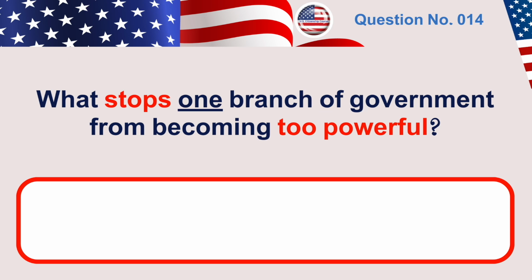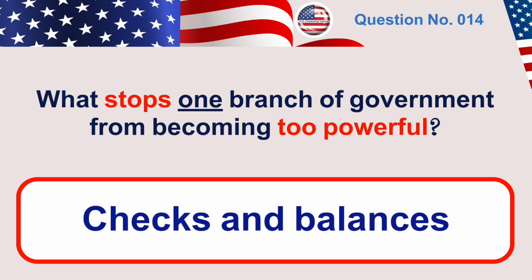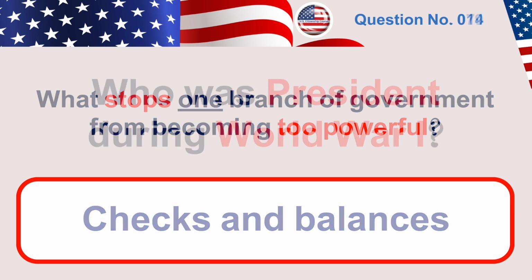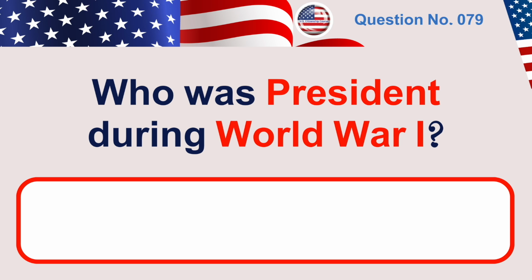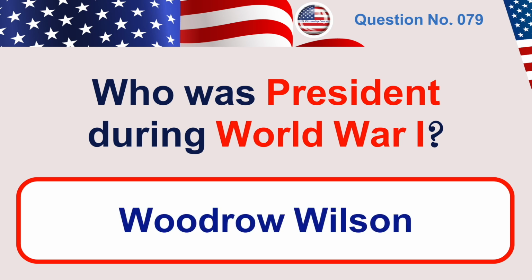What stops one branch of government from becoming too powerful? Checks and balances. Who was president during World War I? Woodrow Wilson.